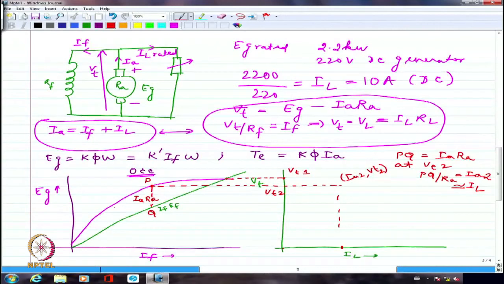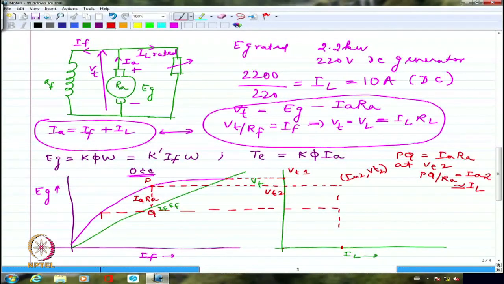Similarly, I can take the third point. Maybe let me take the third point here. What I have is this much as the margin, so that corresponds to the IA-RA drop. I'm going to have this IA-RA drop.